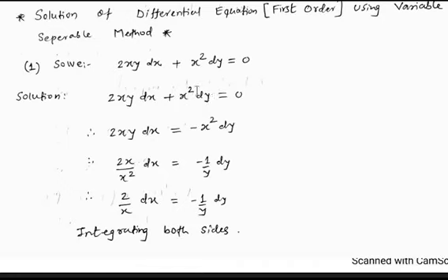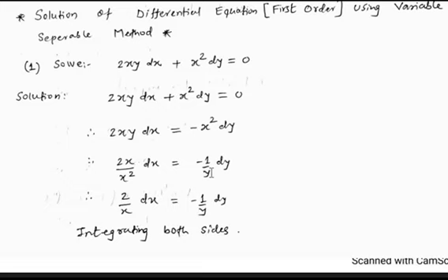Taking x square dy towards the right hand side, we have 2x square dx equals minus x square dy, right? Now you have to write down 2x dx as it is and divide this by the x square, which is on the right hand side, and equals, you have to divide dy by y which is on the left hand side.